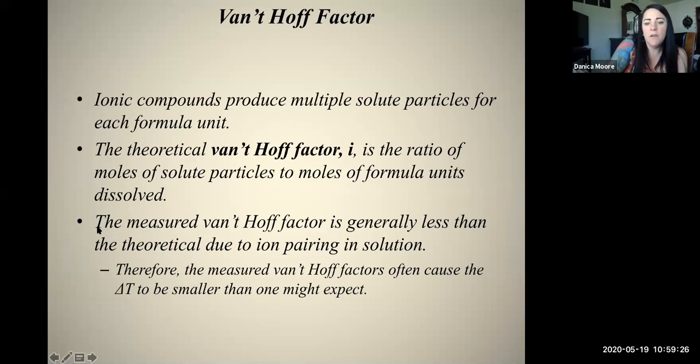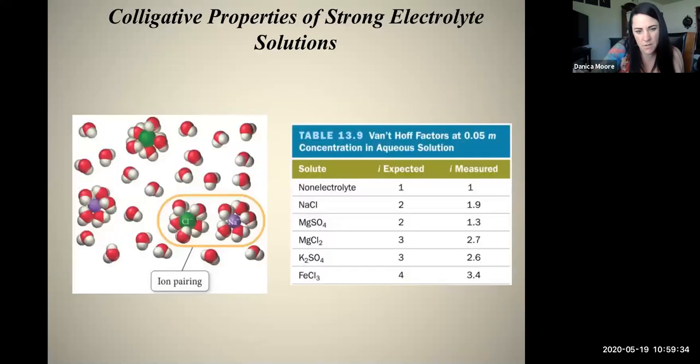Okay, so the van 't Hoff factor is the ratio of moles of solute particles to moles of formula units dissolved. I think I mentioned this just a second ago, but when you have ions dissolved, even if the entire solute is dissolved, it doesn't mean that all of it is in ions.